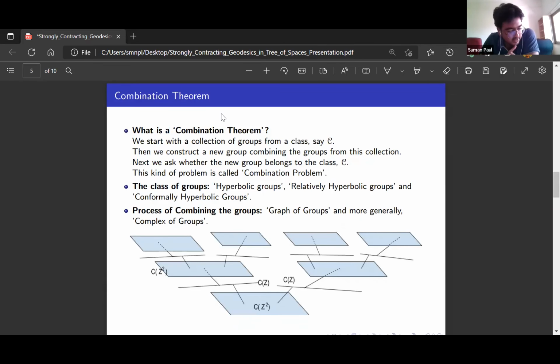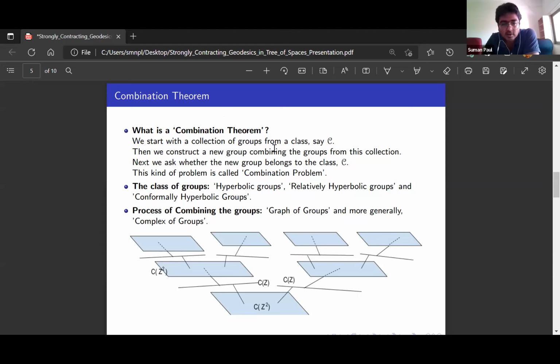So this is the motivation behind this definition, and next we try to give the definition of a tree of spaces. For that, we need to define what a combination problem is. Combination theorems are very important in geometric group theory, where we try to find new examples of hyperbolic groups and relatively hyperbolic groups out of known examples.